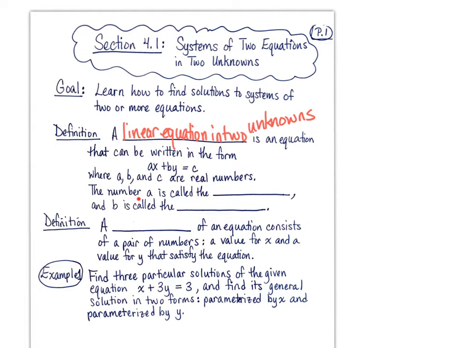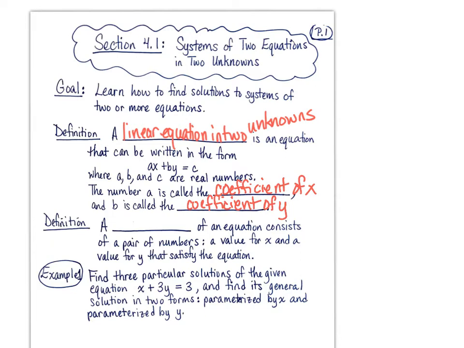Okay? The number a is called the coefficient of x, and what is b called? Good, it's called the coefficient of y. Can you see all of that on the screen? Yeah. Okay.